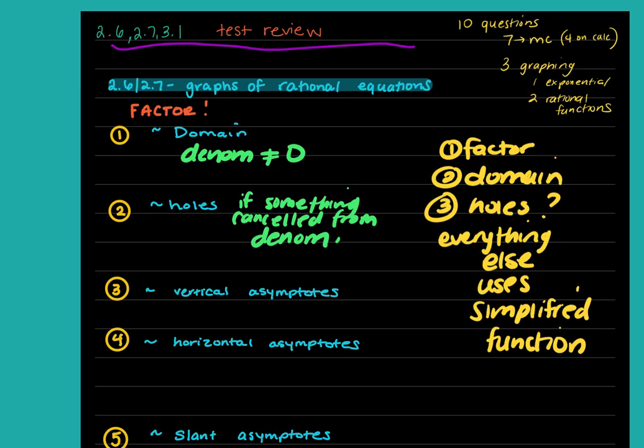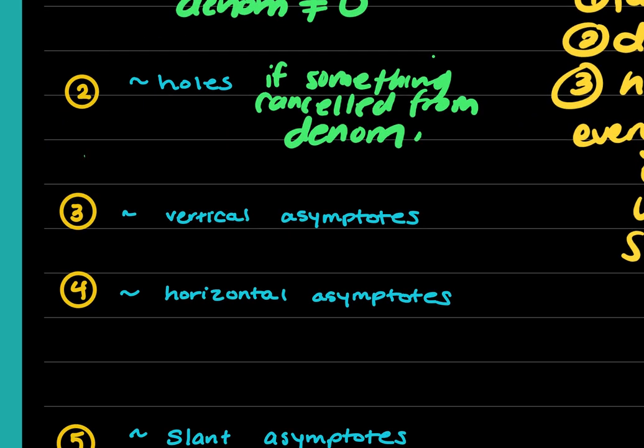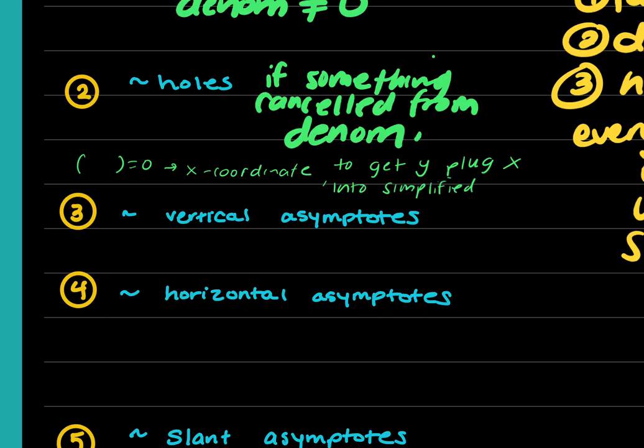If it can, then I'm going to set that parentheses equal to 0, and that's the x coordinate of the hole. And then to find the y, we plug x into the simplified equation.